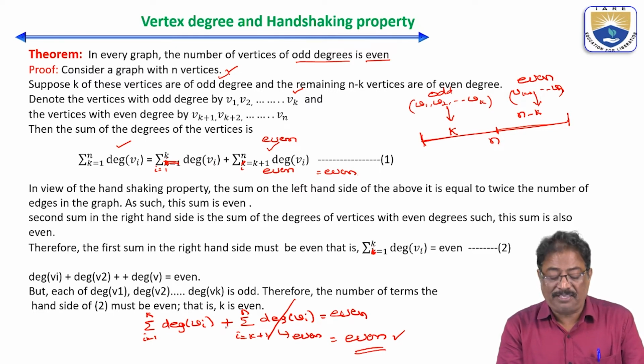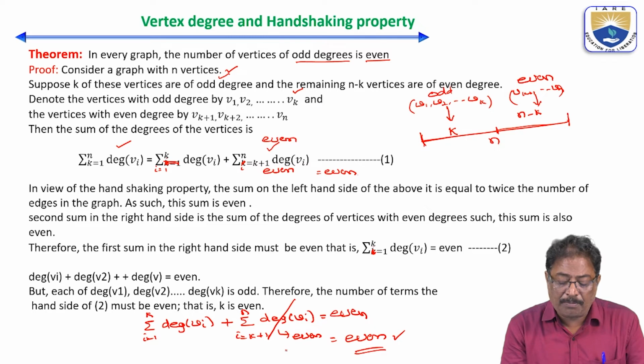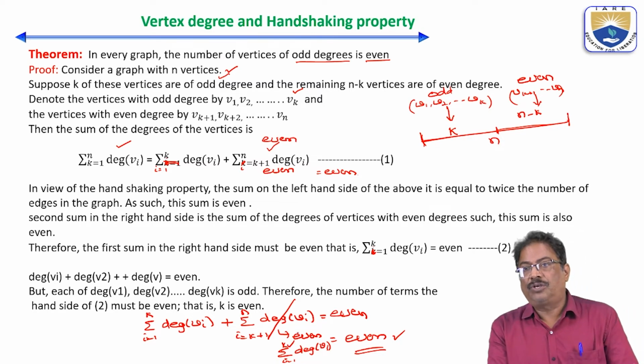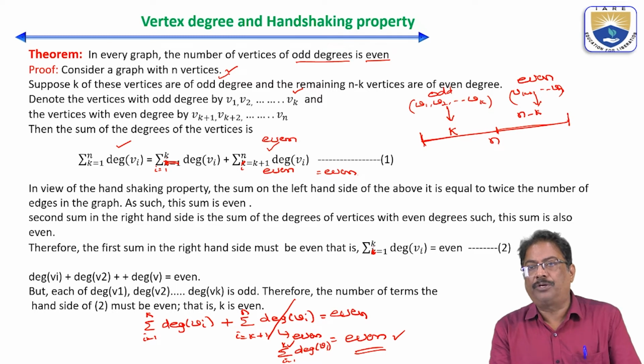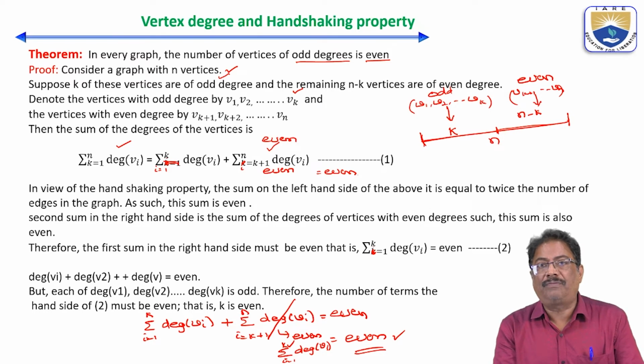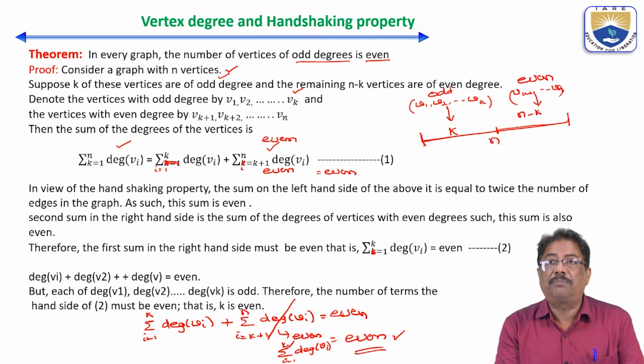But the sum of degree of Vi for i equals 1 to k must be even, which happens only when k is even. So k should be even, which means the number of vertices of odd degree must be even.